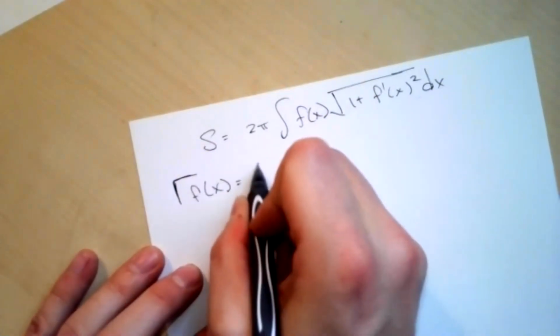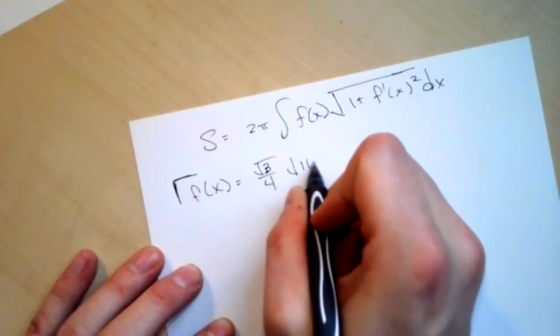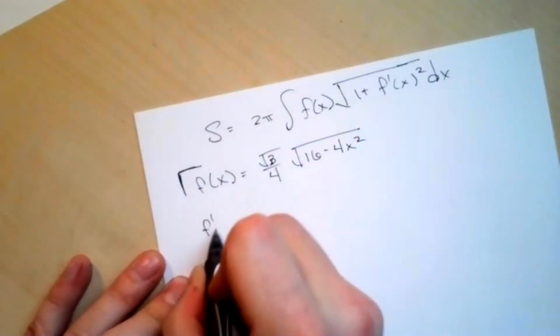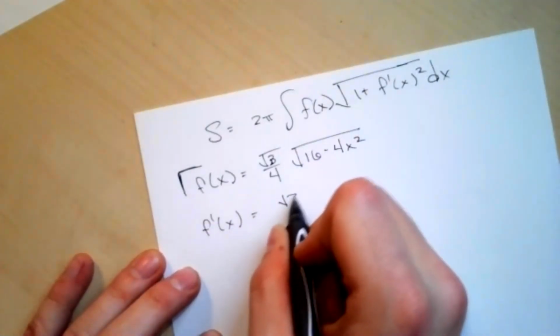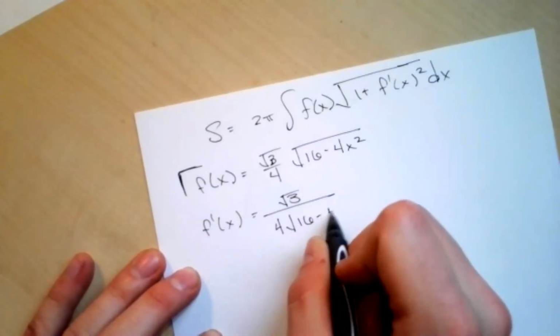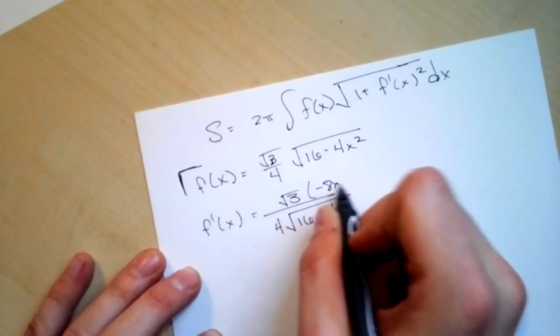We had f of x is square root of 3 over 4 square root of 16 minus 4x squared. So f prime of x was square root of 3 over 4 times square root of 16 minus 4x squared times negative 8x.